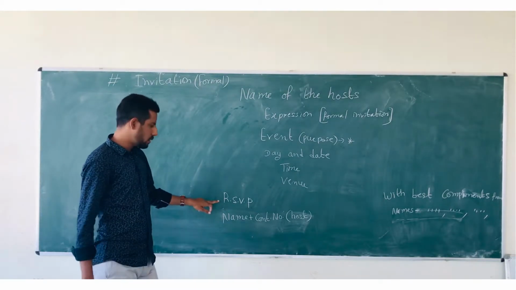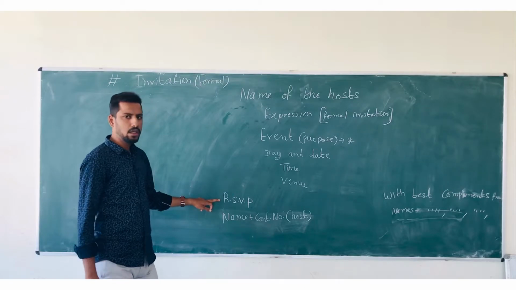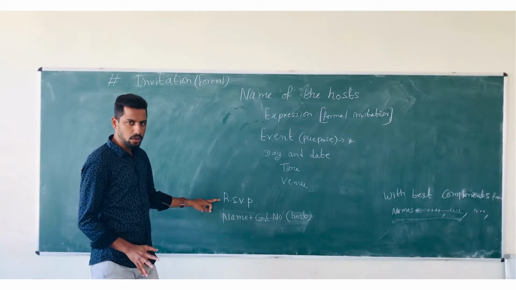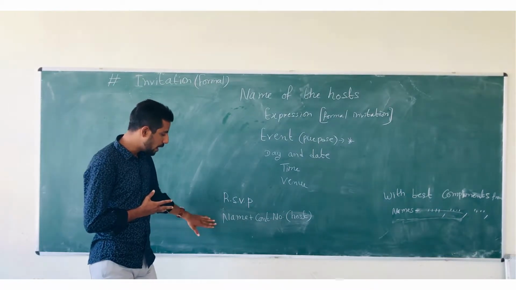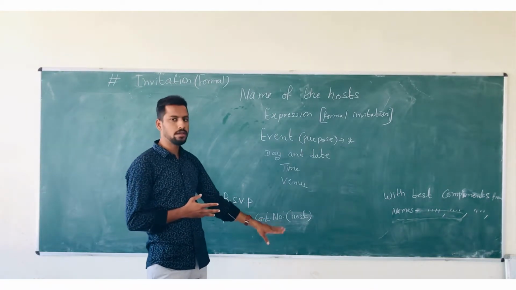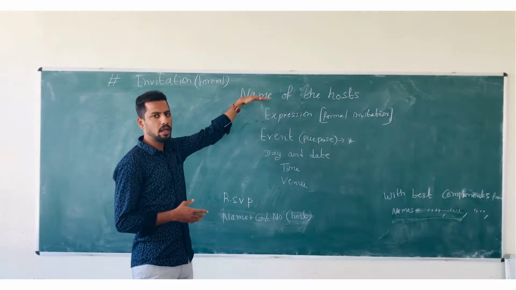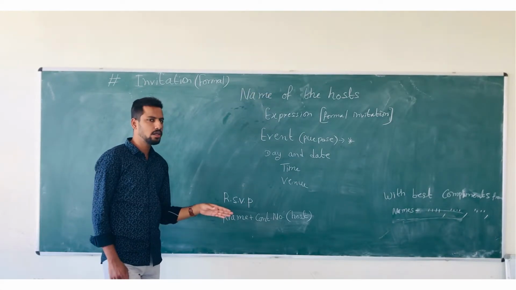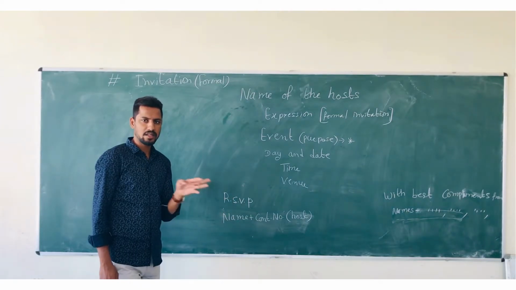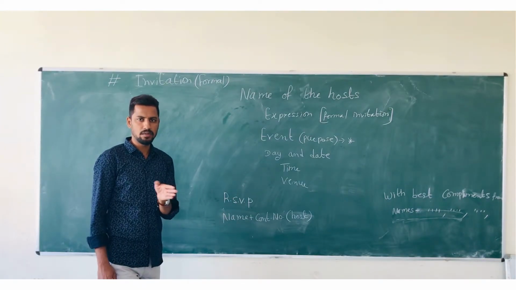Here you will write RSVP, which means please respond. It's a French abbreviation, you know all that. Name plus contact number of the hostess, name of these people and contact number also. In the examination you can write 000XXX or 982911111.